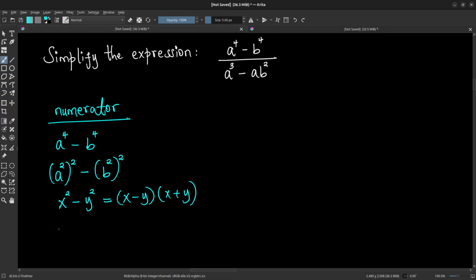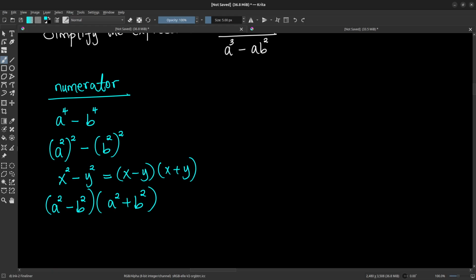So this means in our case we'll have a squared minus b squared times a squared plus b squared.